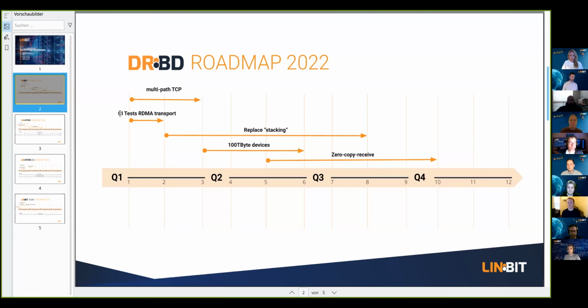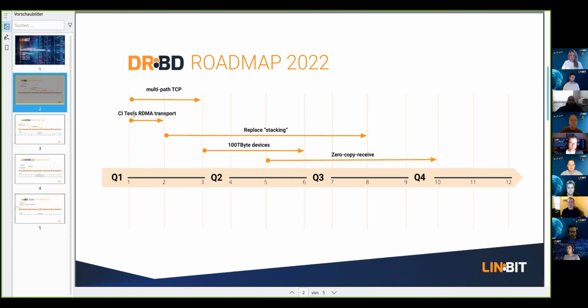one of the things is we will need to work on the RDMA transport. So the RDMA transport is added to the open source DRBD release with this current release I just mentioned, but it is added as a tech preview.